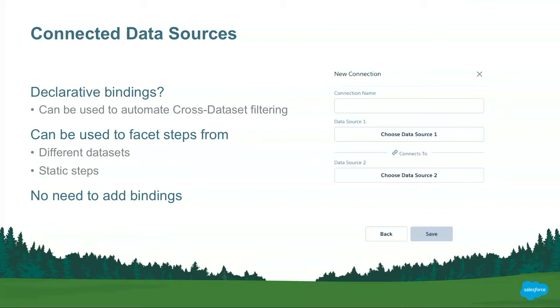Just check the facet button there, and it works. However, if these widgets are working on two different data sets, you would have to use SAQL binding in the background. So connected data sources are trying to help you do the cross dataset binding without using SAQL. Let me take a quick example to show you how it really works.